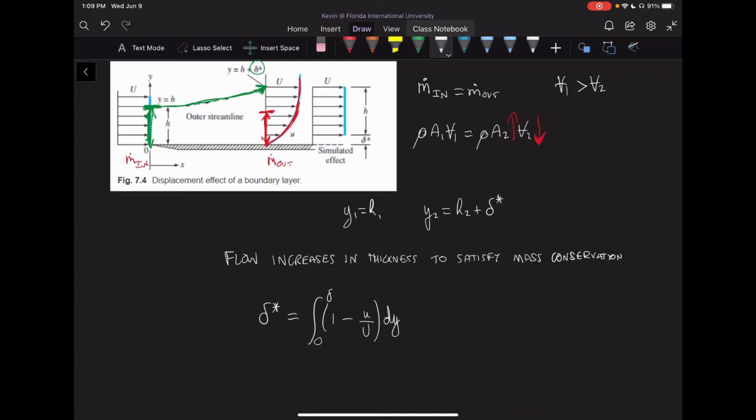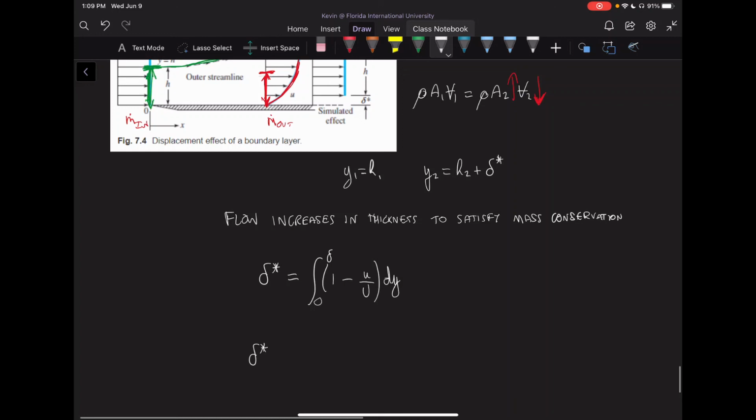And through dimensionless analysis and some approximations and some experimentation, they actually found that this value delta star was approximately equal to 1/3 of delta. Okay, so 1/3 of the delta is d star. And d star over x could now be equal to 1.83 over Reynolds x to the 1/2.